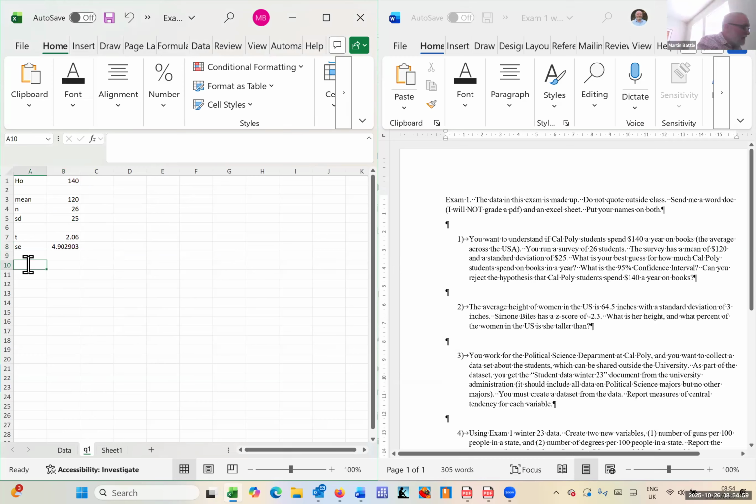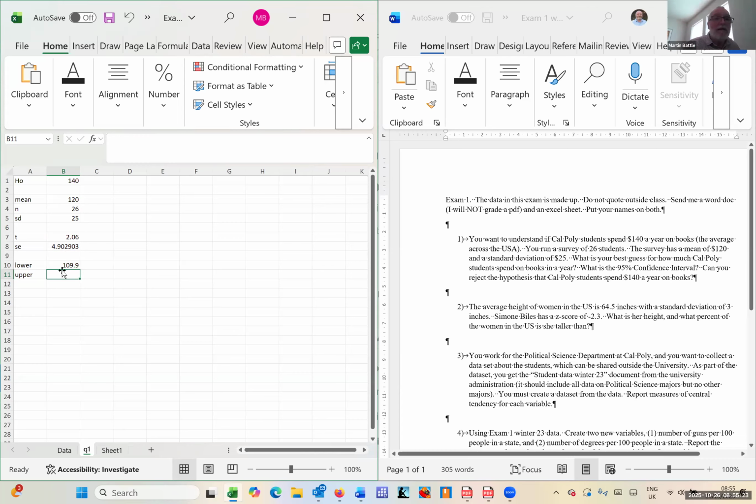So now I've got to find the lower and upper confidence intervals. So the lower confidence interval is simply equal to the mean minus bracket T times standard error. So the lowest I would guess it to be is 109.9.